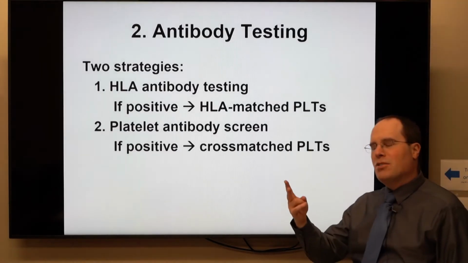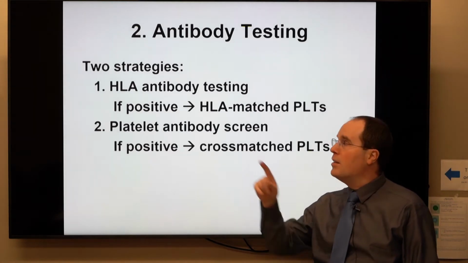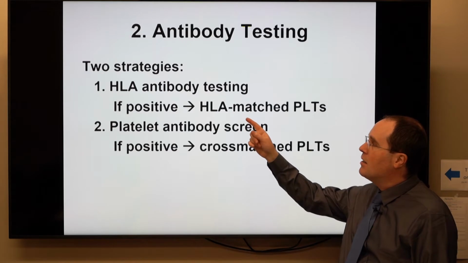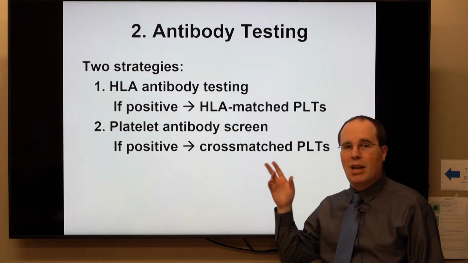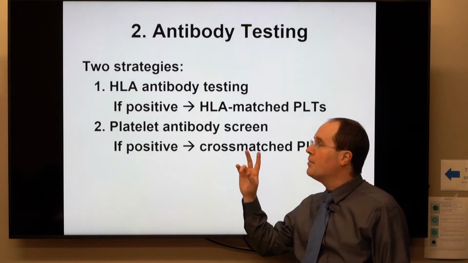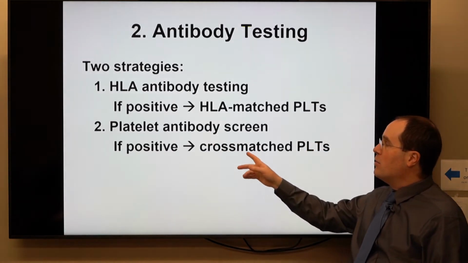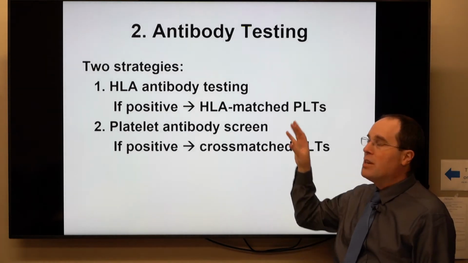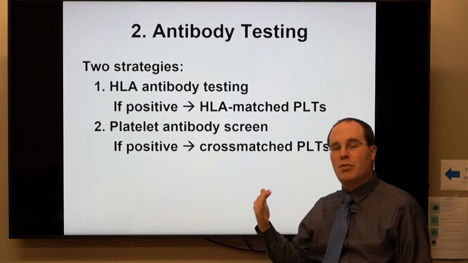So there are 2 basic strategies of providing platelets for immune refractory patients. One is HLA antibody testing. And then if that ends up being positive, then we could use so-called HLA-matched platelets in many cases. And then the platelet antibody screen. And if that's positive, then we could use so-called crossmatched platelets. So 2 different strategies of how you can provide matched platelets to immune refractory patients.